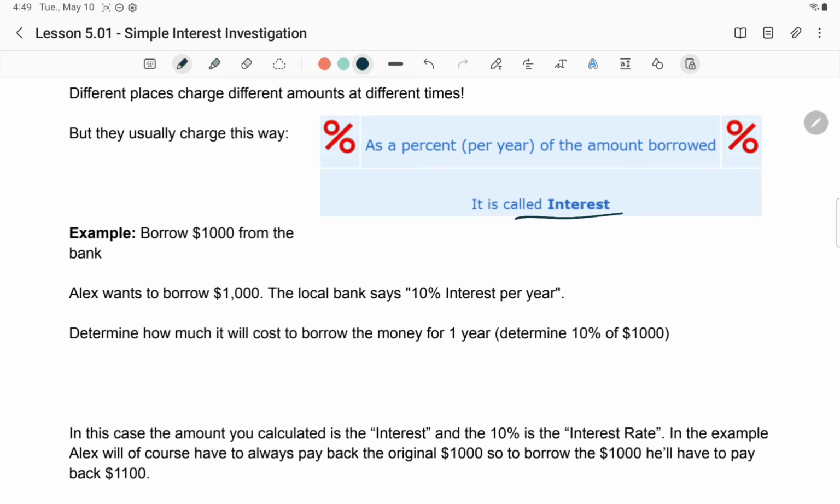So to determine 10% of 1,000, what we need to do is turn 10% into a decimal. So as a decimal, it's 0.10.